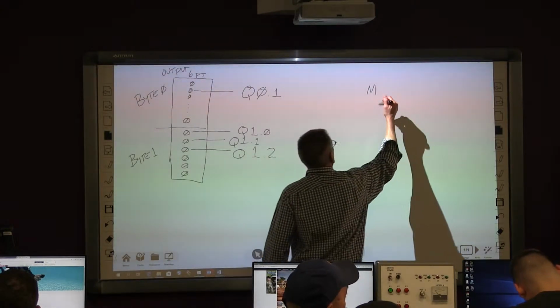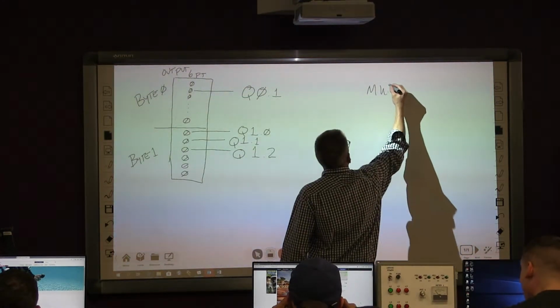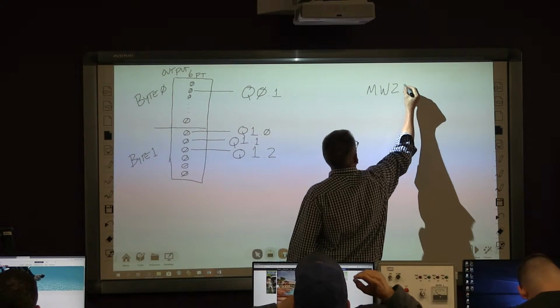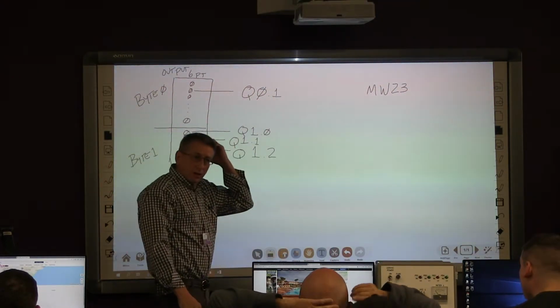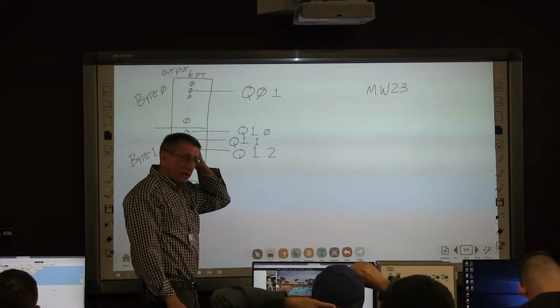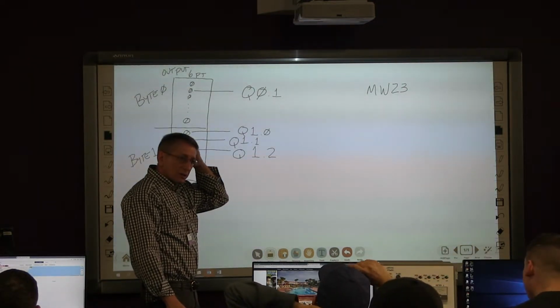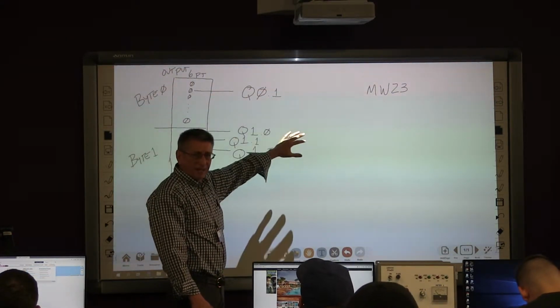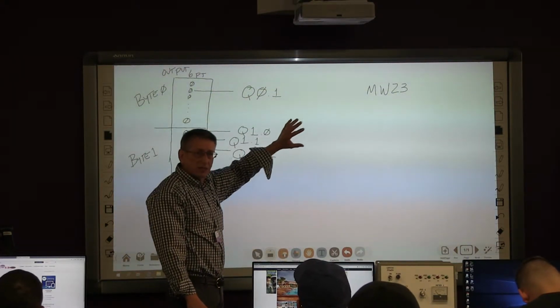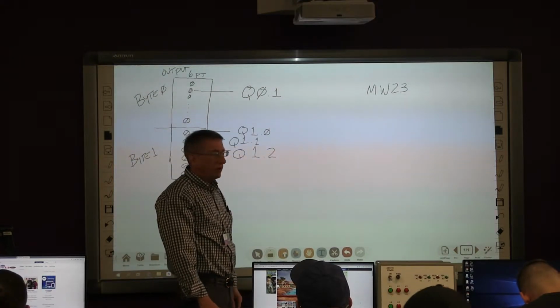If we're going to address something, MW23, memory word byte 23. That's pretty much just like the integer data file, right? The word data file.